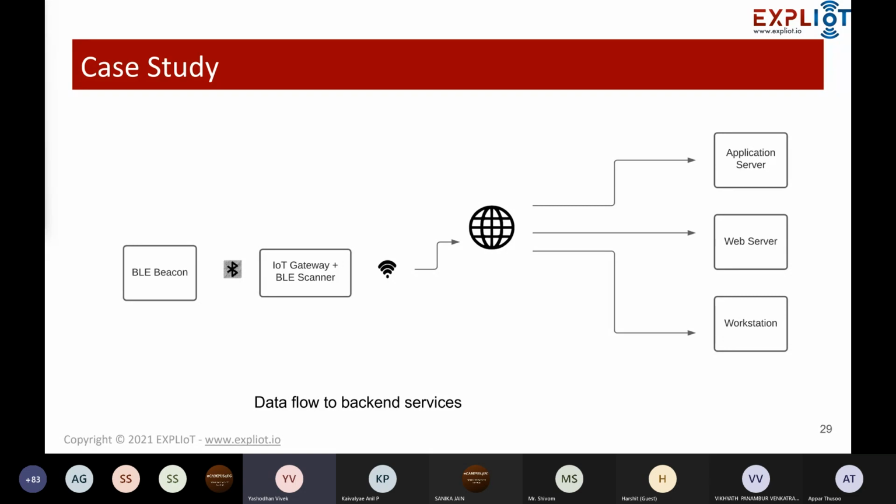It will get the identification of the particular device, who that device belongs to, and all the data required for that, and push that data either to the web server or a thick application or a workstation. Again, it depends on the use case. The backend side here is what we call a service ecosystem, and this part is called an endpoint ecosystem for an IoT system.